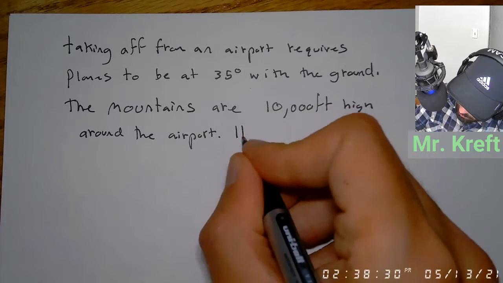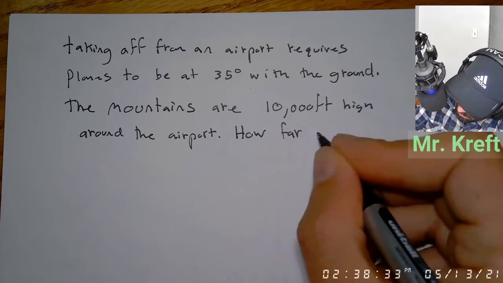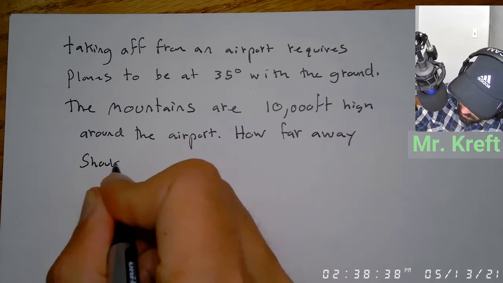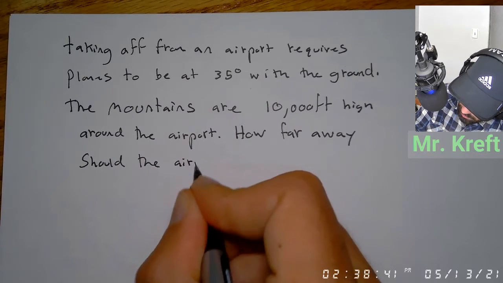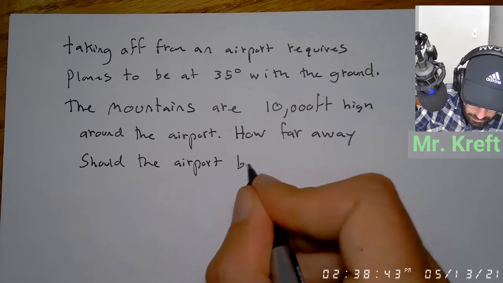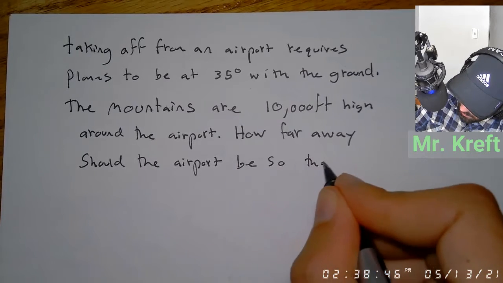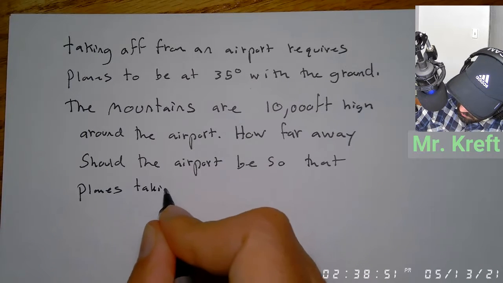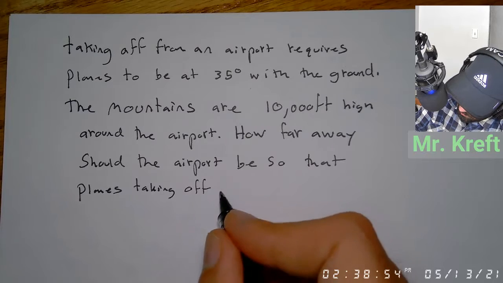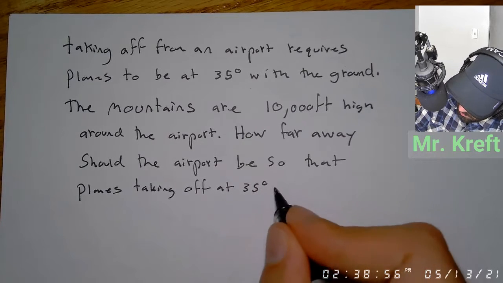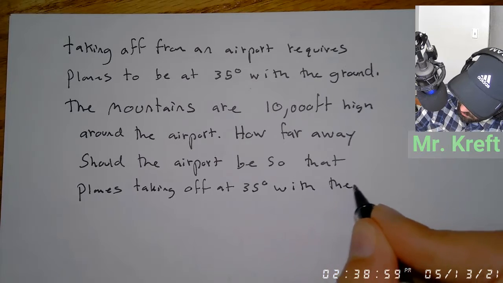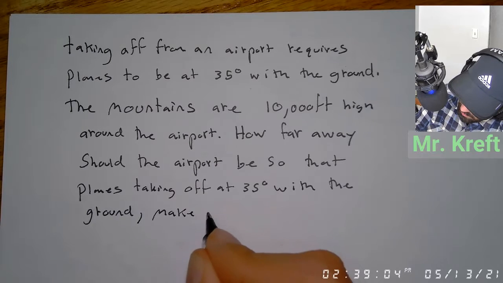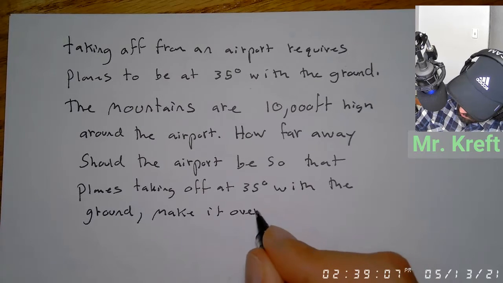So we're going to ask the question: how far away should the airport be so that planes taking off at 35 degrees with the ground make it over the mountains?